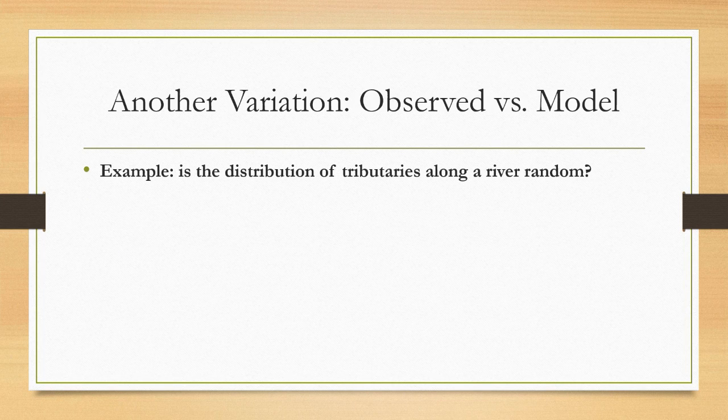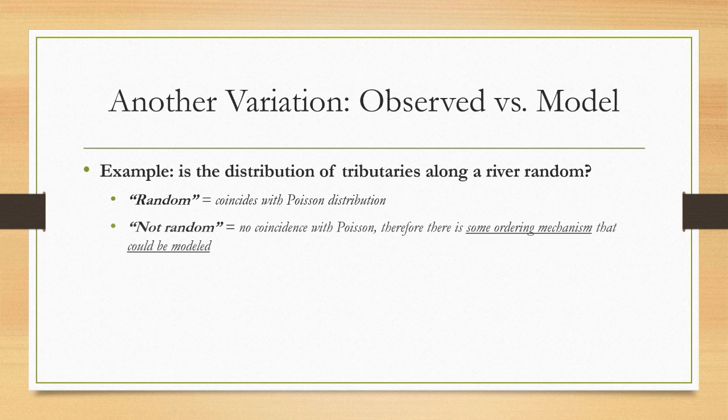So in this example, is the distribution of tributaries along a river random? Random, in this particular case, means we're looking at the coincidence with the Poisson distribution. So we know that the Poisson lines up with random. So not random, no coincidence with Poisson. Therefore, there is some ordering mechanism that could be modeled.